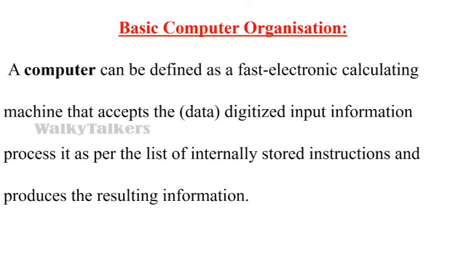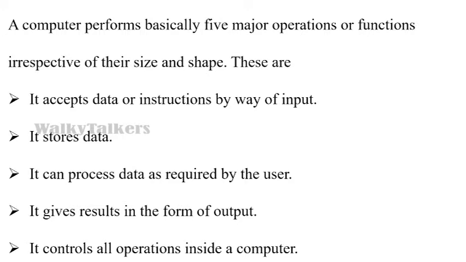The five major operations a computer basically performs, irrespective of their sizes or shapes, are: it accepts data or instructions by way of input. It stores the data in its storage unit. It processes the data as required by the user.